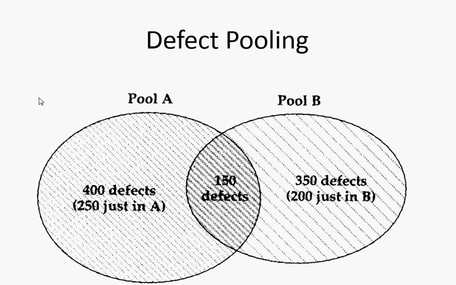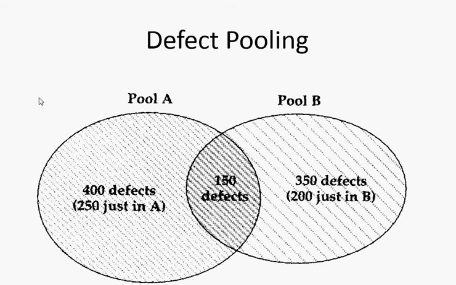So if we only found one defect in common, we'd have a total of 350 divided by 1, because this is the number in common. So we'd have that as the total number of estimated defects. If there was only one in common, we're saying for each of the 400, there's probably 350 others.